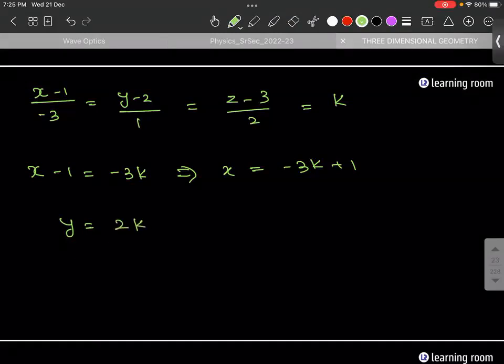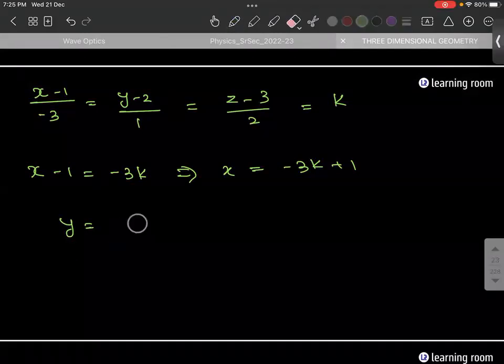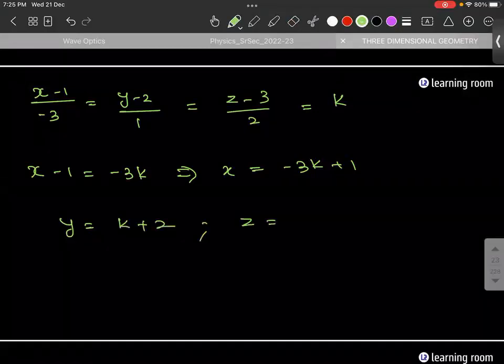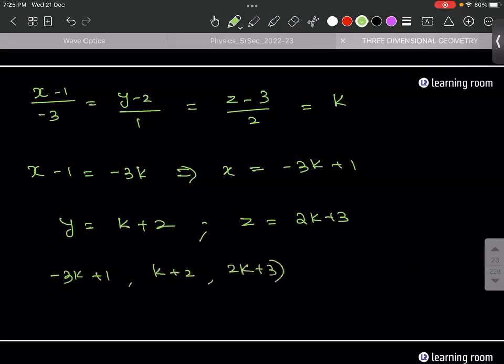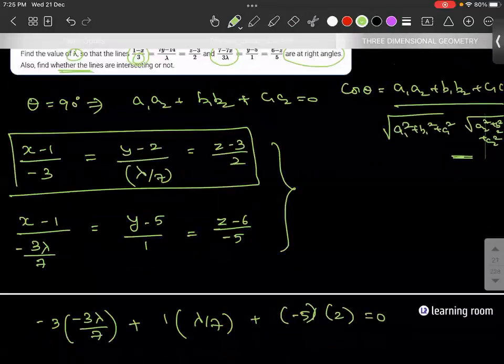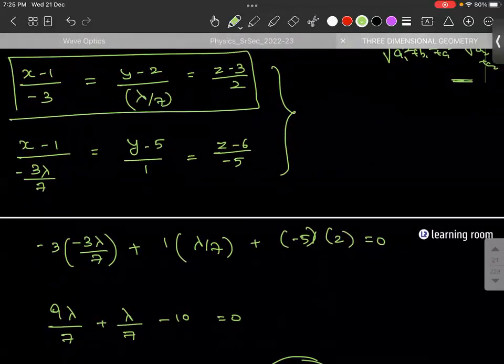So y will be equal to k plus 2, and z will be equal to 2k plus 3. So what are the points? Minus 3k plus 1, k plus 2, and 2k plus 3. When you substitute this in the second equation, it should get satisfied.